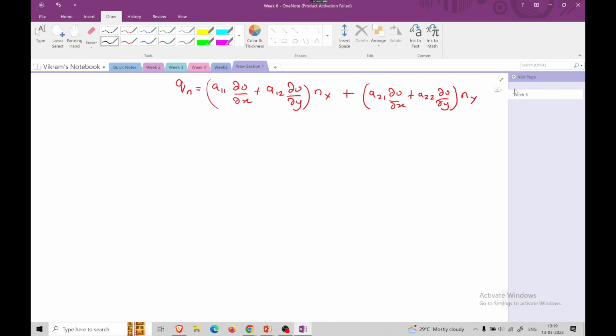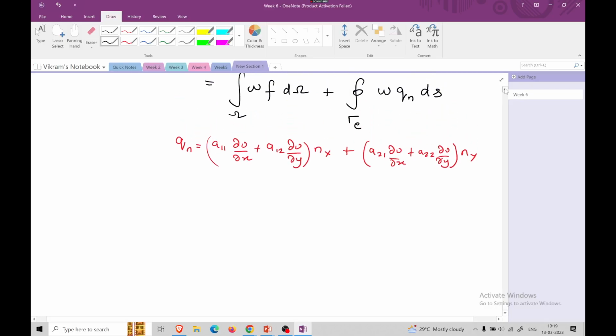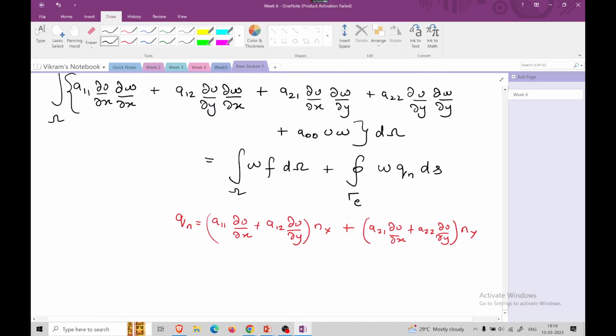After Qn, now what I am going to do, I have this formula with me. So dou u by dou x, dou w by dou x I have. So I am going to substitute what is u and what is w. So u I can write as summation j is equal to 1 to n uj into psi j, where n is the total number of nodes.